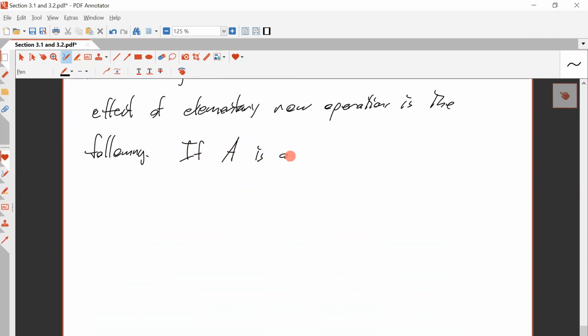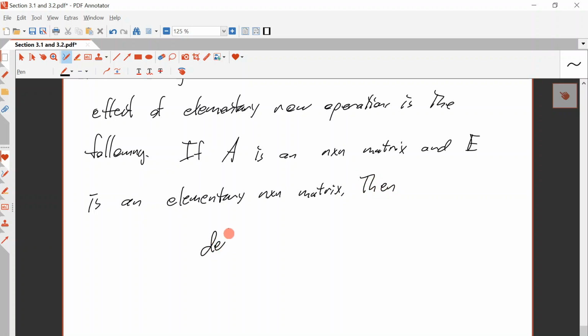If A is an n by n matrix and E is an elementary n by n matrix, then the determinant of EA, if you multiply an elementary matrix on the left, it does that row operation to A. But E is obtained from the row operation applied to the identity matrix, and the determinant of the identity matrix is 1.